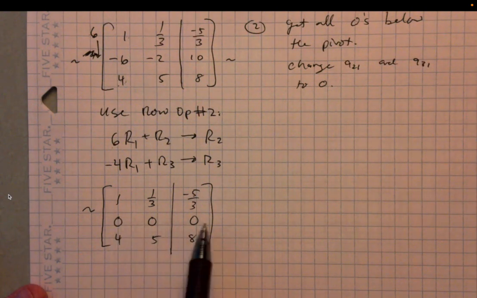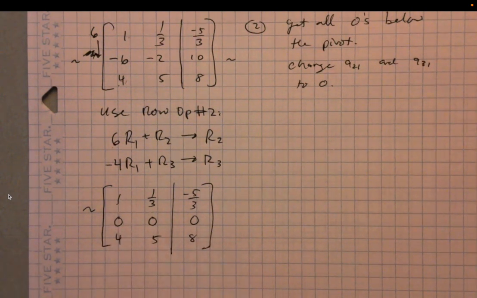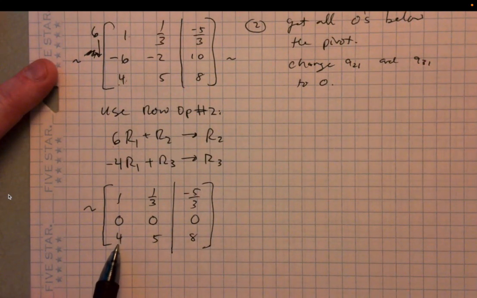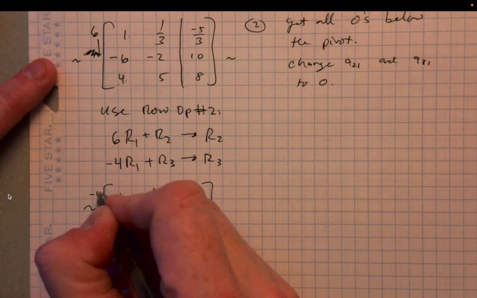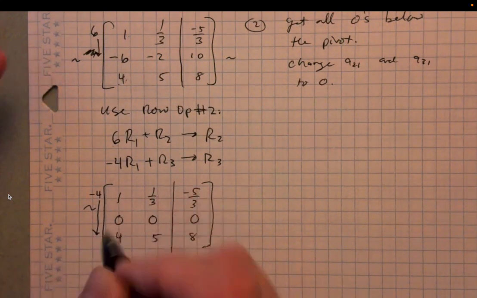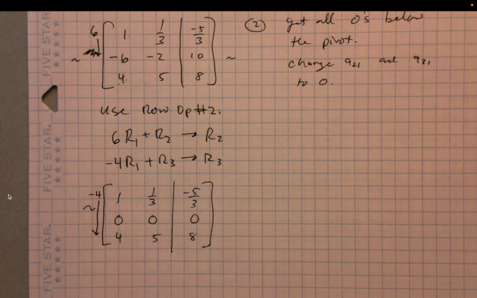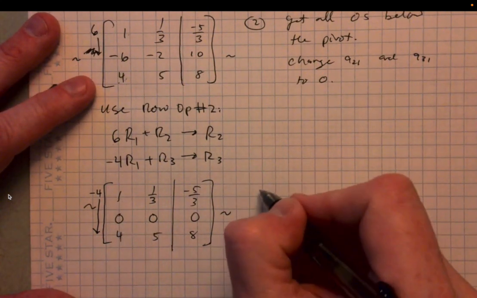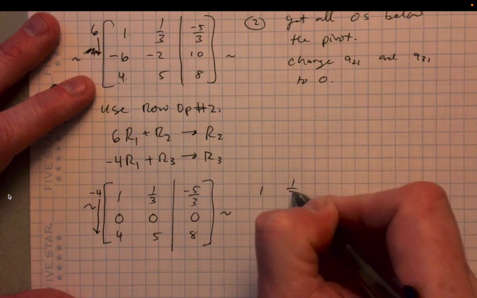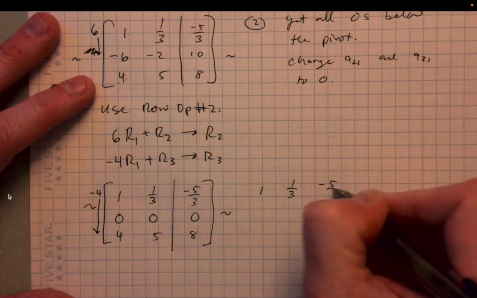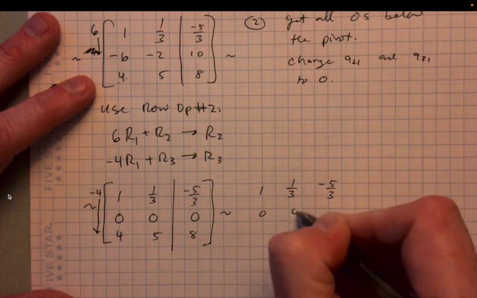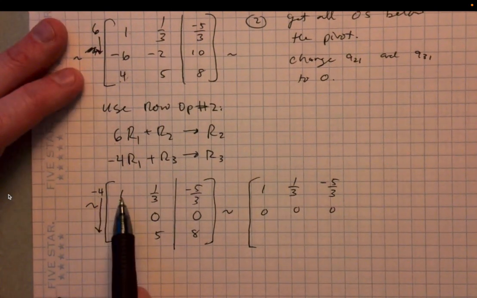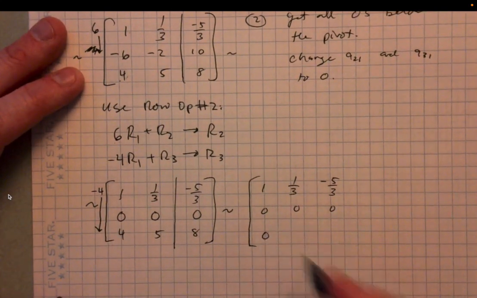You only care about what's going on here. Don't look ahead and worry. Just worry about what's happening in column 1. Next, I need to convert the 4 to 0. So I'm going to multiply by negative 4, and I'm going to add that to row 3. Remember, row 1 and row 2 are unaffected in this one, so let's rewrite those. Negative 4 times 1 is negative 4, plus 4 is 0.